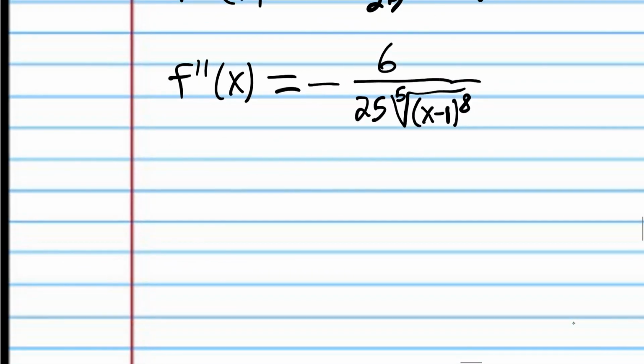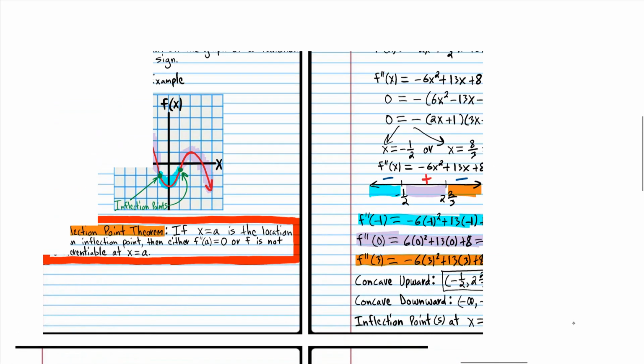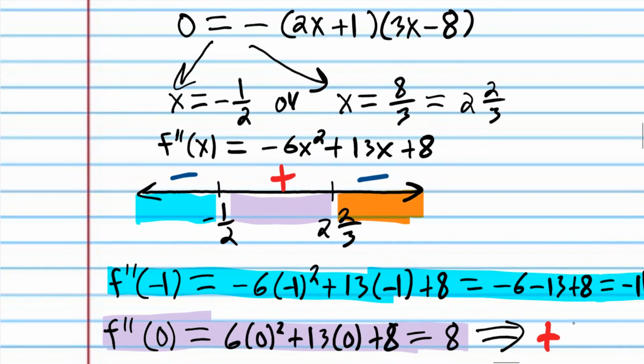So now we have the second derivative, and we can do a sign chart. But we want to find where the second derivative is 0, because remember, the sign of the second derivative changes, or it could potentially change where the second derivative is 0. That's what we found up here. And again, that's the inflection point theorem.